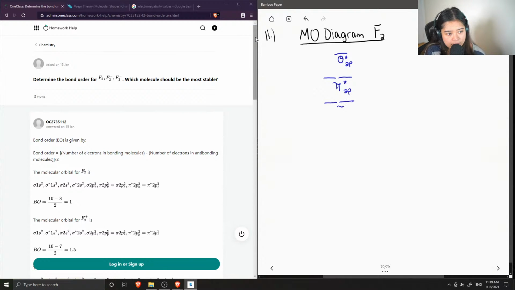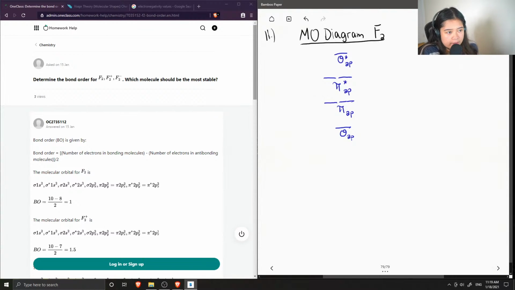And the star signifies that these are anti-bonding orbitals. And when there is no star, these are known as bonding orbitals. So here is just the regular pi orbital of 2p, and then just a regular sigma 2p orbital.